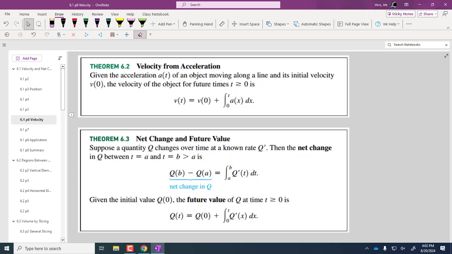If we want to find V from A, we are going to find the initial velocity and then add any change in velocity. So we found position by starting position plus displacement, which is change in position. We don't have a fancy word here for change in velocity. We just call it change in velocity. You could call it displaced velocity or something, but we think about this as initial velocity plus change in velocity.